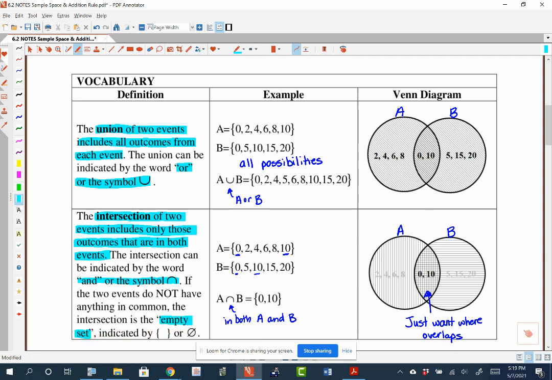So you could write empty set, but you could also symbolize it with these two curly brackets with nothing written in the middle, or kind of a 0 with a slash through it. So if you're asked to find the intersection where two or more have anything in common and they don't have anything in common, then we just say it's the empty set, and we could notate that either way.